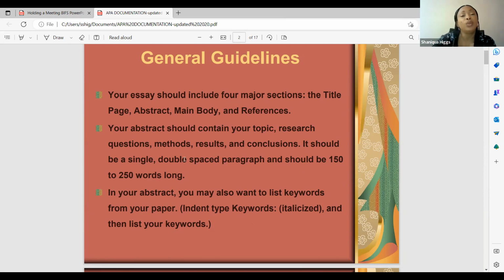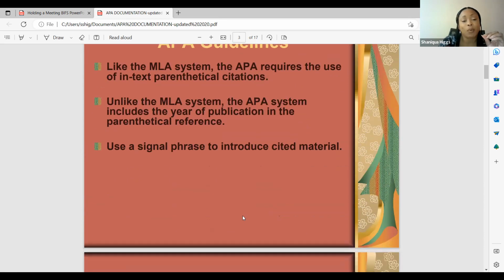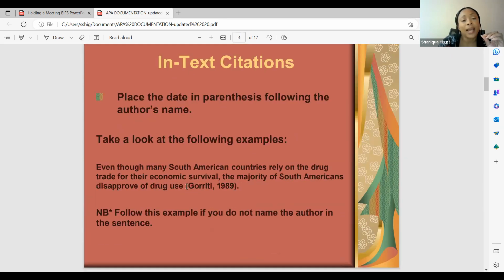Or even if you don't use the signal phrase, then in brackets at the end of the borrowed material, you would include the last name of the writer, Johnson, and year of publication, year the work was published. Those in-text citations are step one, and they look like this example that you see on screen, all right?